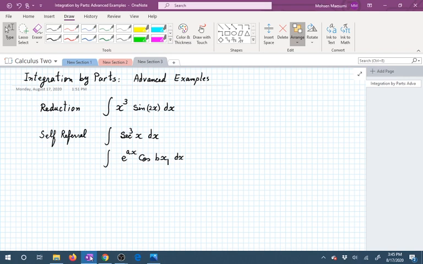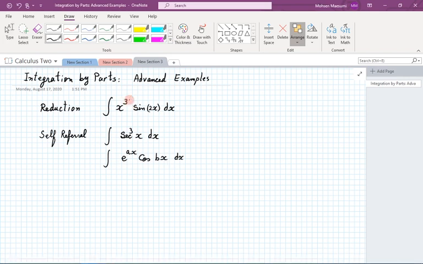We are going to solve this by something we call reduction. Reduction means what we are aiming for is reducing the power that you see from 3 to 2 to 1 to 0. And by the time we get to power 0, of course, this is going to be just sine of 2x, and the integral of that would be very easy.